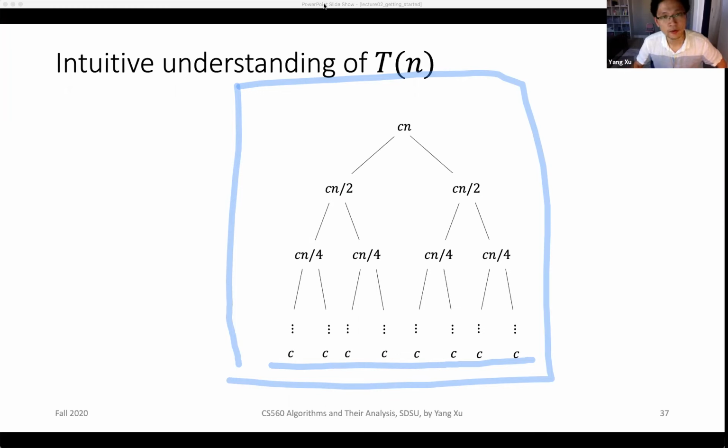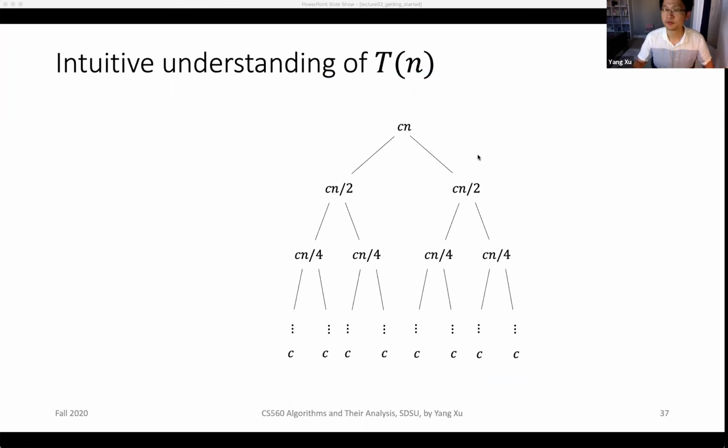One way of solving this is to view each level of the tree individually. The first level, we've got Cn. There's nothing else. In the second level, there are two parts: one Cn over 2 and a second Cn over 2.